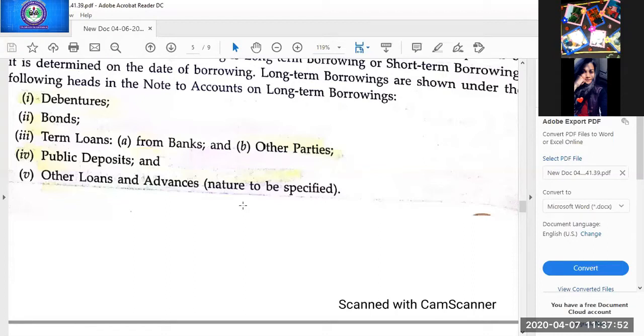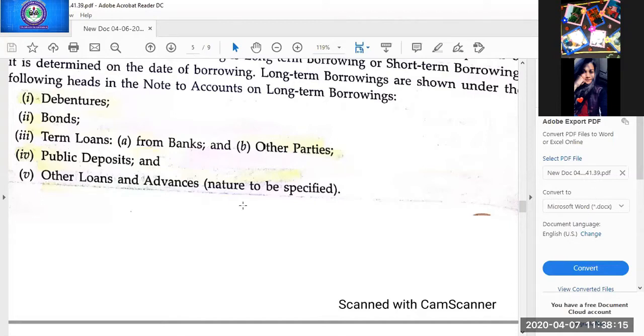Then term loans, like a loan taken from a bank for 10 years, a loan taken from any financial institution for 8 years. So all these will be known as term loans, meaning the loans which we have taken for a term period. Then public deposits you have already studied in 11th class. Then any other loans and advances. So how will the question come?